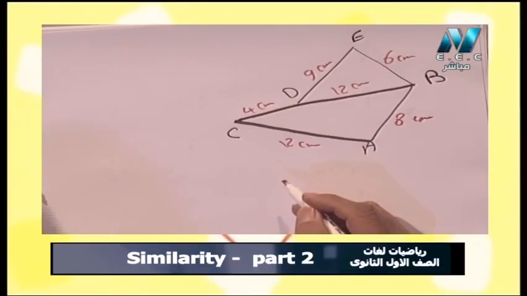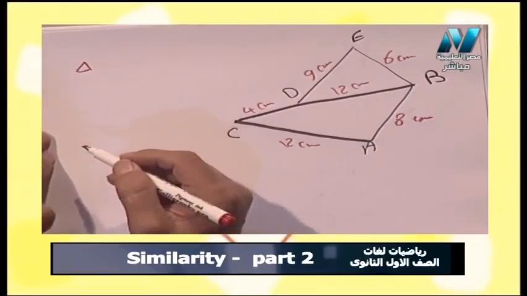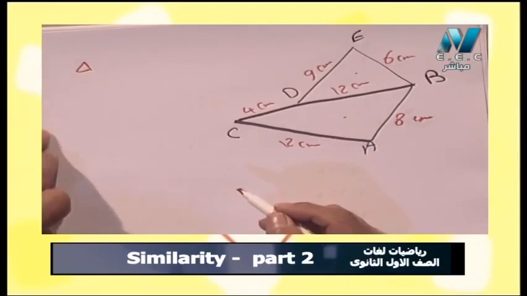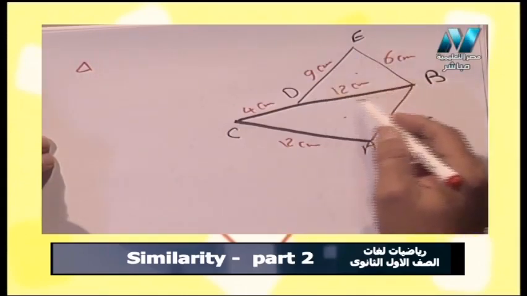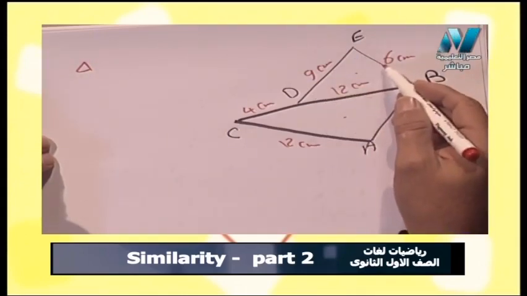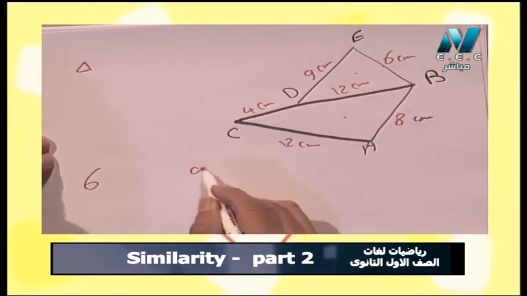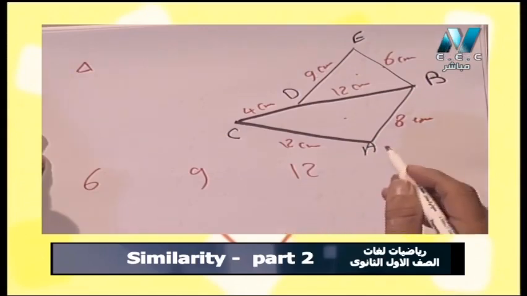We try to prove that the two triangles are similar, this one and this one. We try to put the sides of the first triangle from the smallest to the greatest. So we put 6, 9 and 12. And we put the sides of the second triangle from the smallest to greatest.